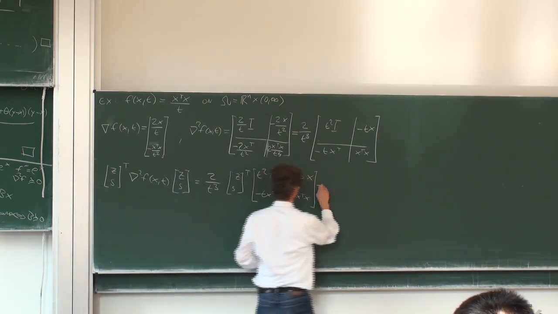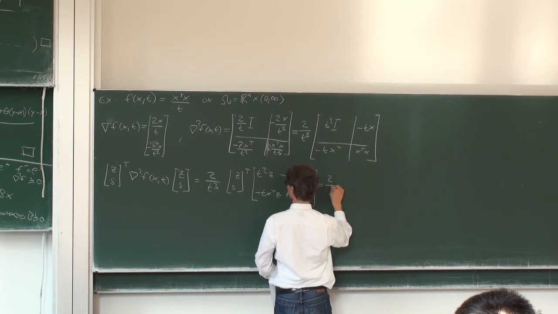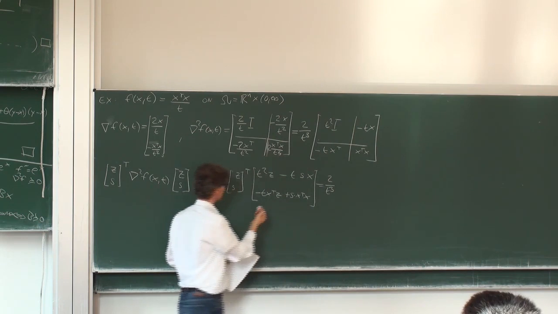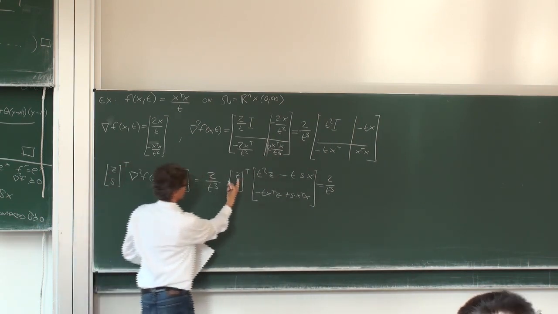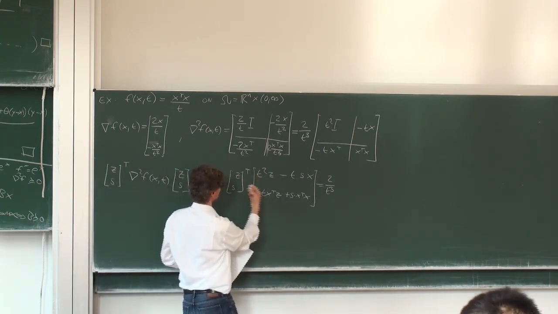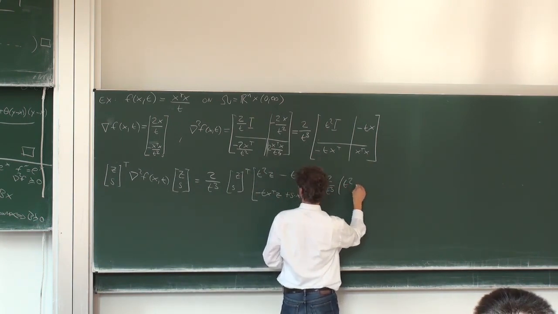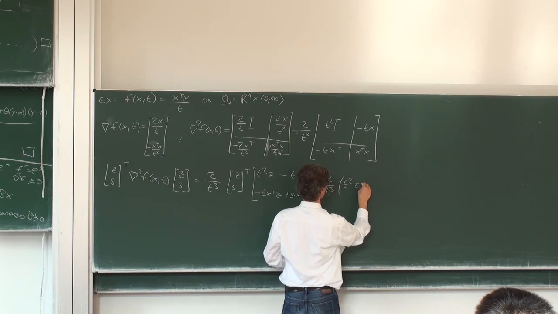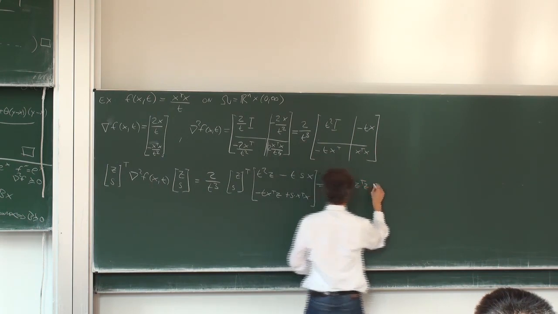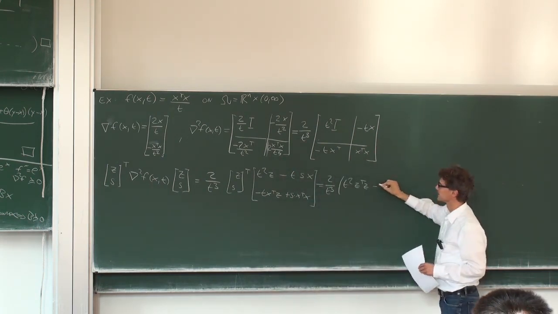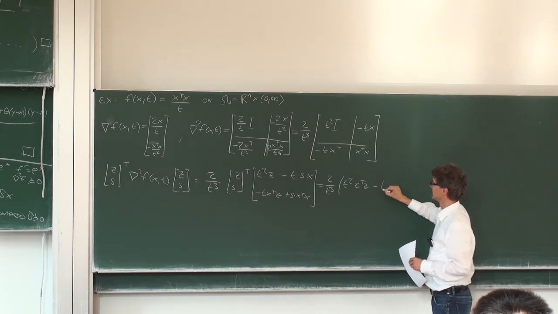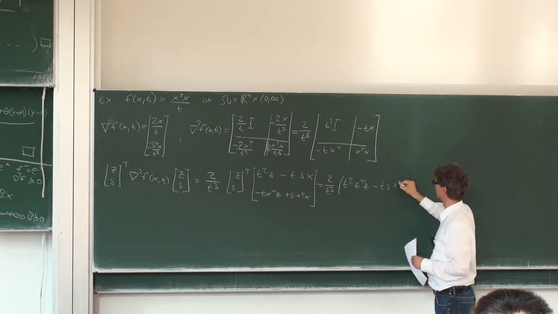Now with this product, I mean, this is all computations. It's a bit tedious to do it, but anyway, we need to do it. We can still check it. So here we get t squared z transpose z, and then minus t s x transpose z.